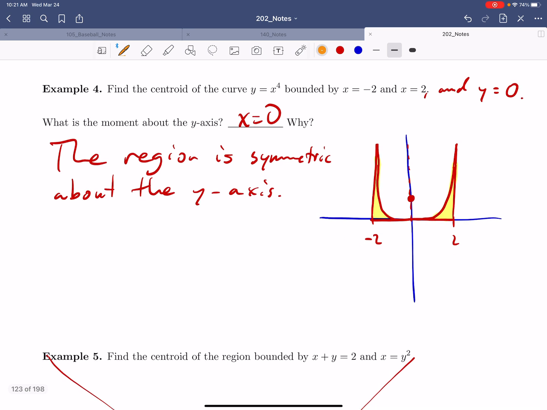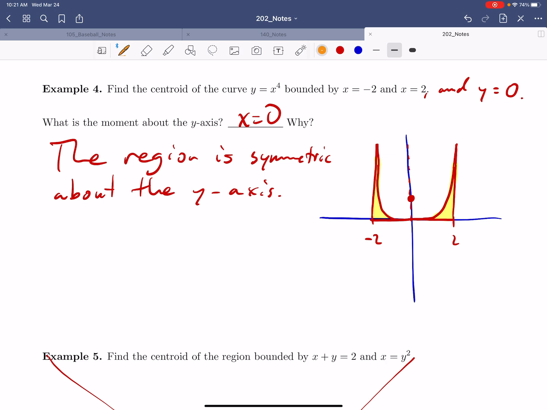All right, let's go ahead and knock out example 4. We know that the x-coordinate is supposed to be 0 for the center of mass, because the region's symmetric about the y-axis.